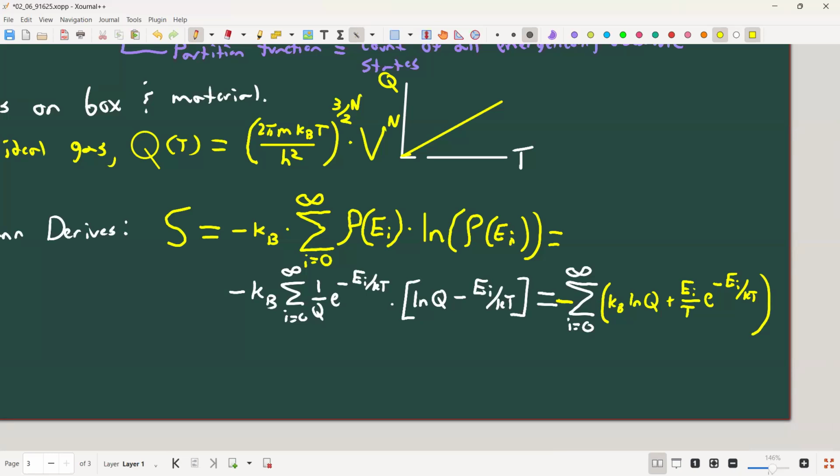We already see that the entropy splits out into two terms. There's some entropy that we could say is the entropy of the entire system. Log of Q represents all of the possible combinations. So the entropy has something to do, in some sense, with the amount of information that the system stores.